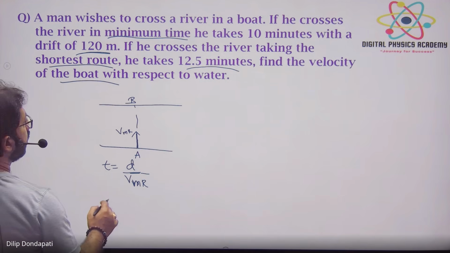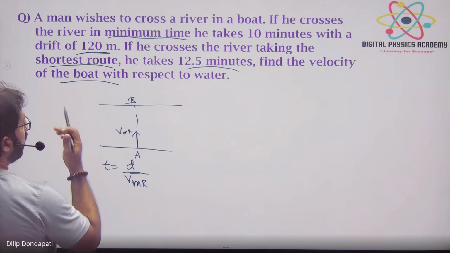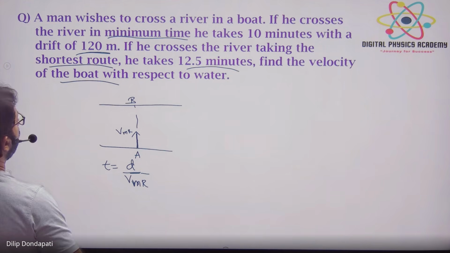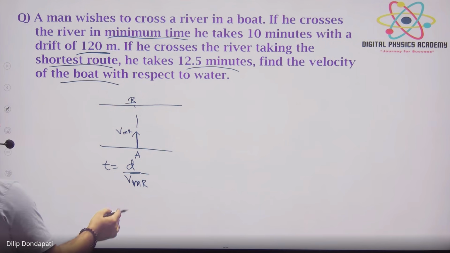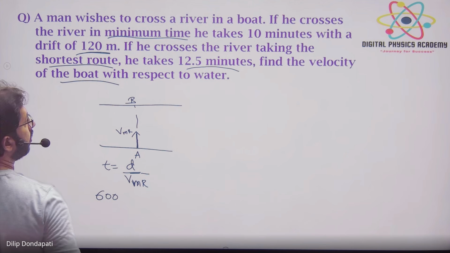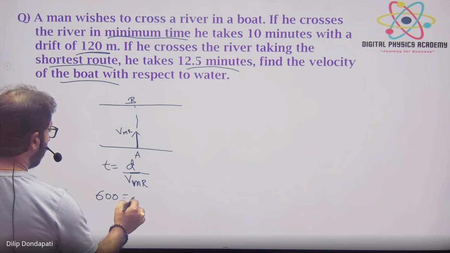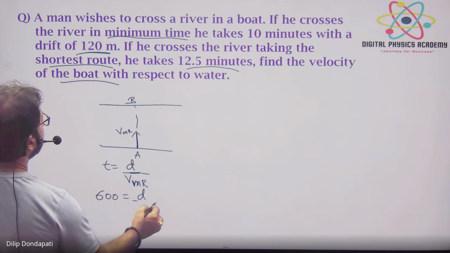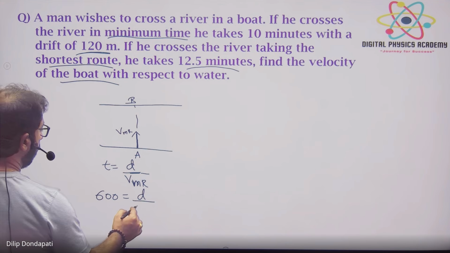So from this, 10 minutes, distance 120 meters, right? 10 minutes into 60 means 600, is equal to distance by VMR. Sir, I'm getting just 20.